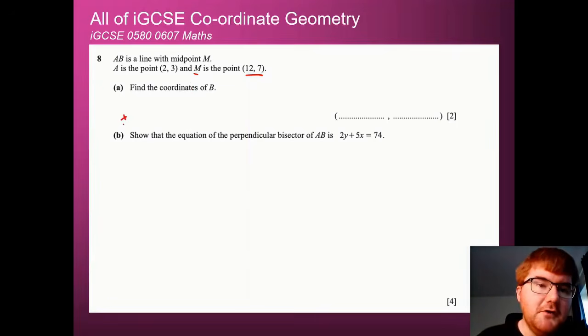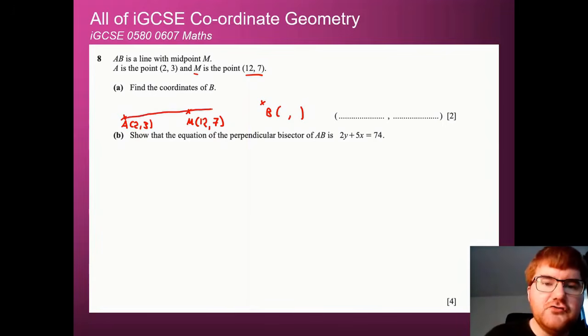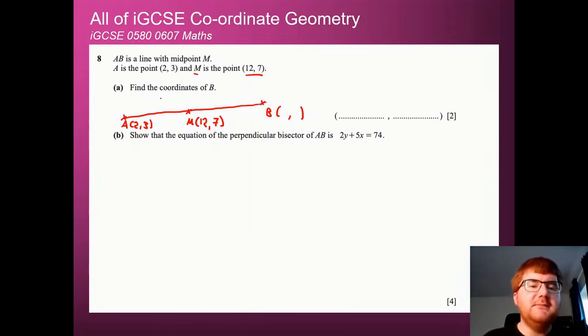So imagine you've got a coordinate, 2,3. Imagine you've got the midpoint, which is 12,7, and then you want to work out what this point B is. So I tend to like visualizing these kind of problems. You're going to see that kind of method as we go through. So imagine I connect all these up in a nice straight line. Well, then I look to myself, what's the gap between 2 and 12? Well, I need to add 10.